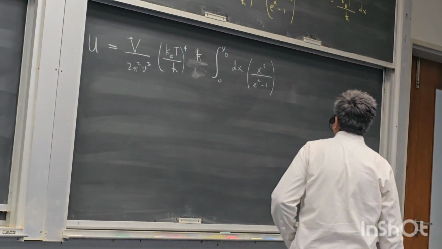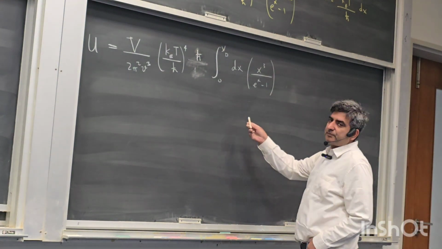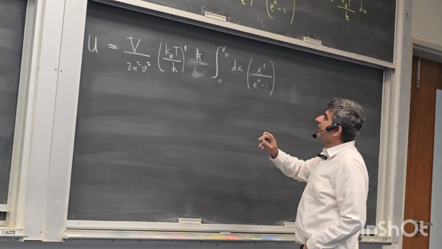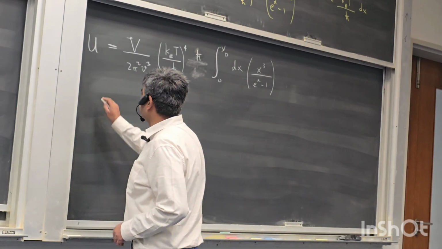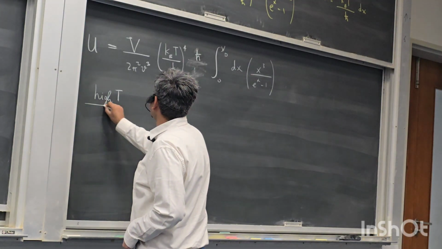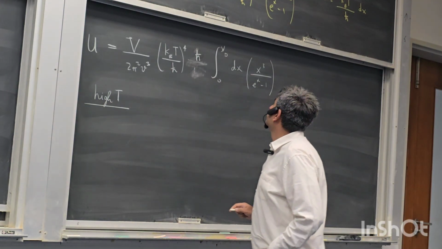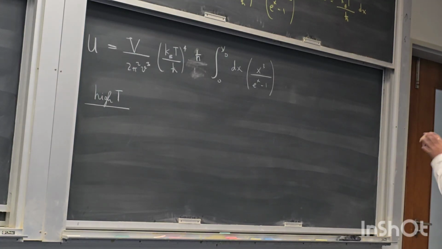This is a really nice result. And you can plot this. You can find out what this integral is and plot it. So what we would like to do is look at two scenarios. High temperature. This is the energy. So my x is h bar omega over kB T. When temperature is large, x is small.